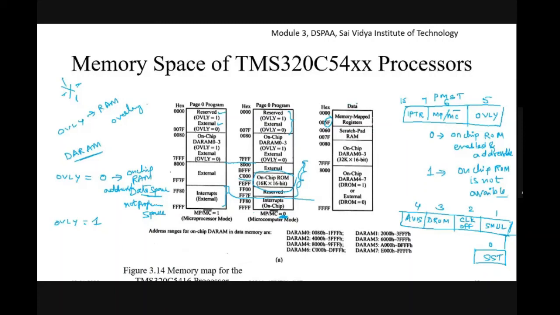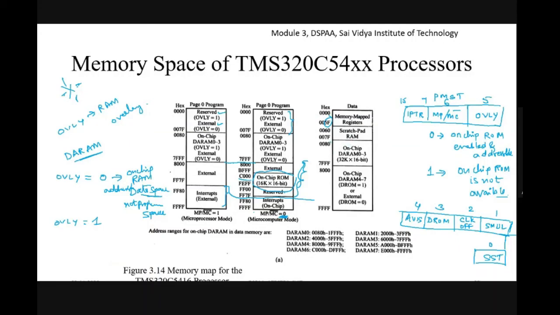We have 0000 till 5F, which is the memory mapped registers, a predefined space for the memory mapped registers. Again from 60 to 7F, it is scratchpad RAM, which is used for calculation in the memory mapped addressing mode.